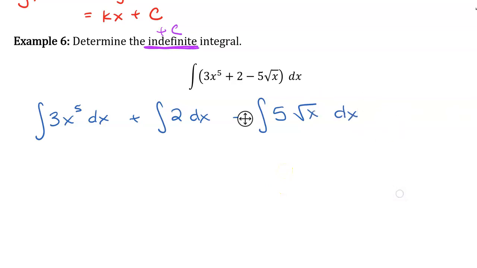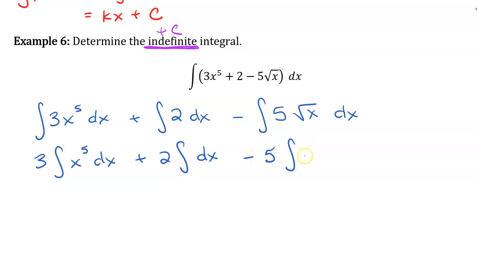Well, any constant will come out front. And so far we don't know that many rules. We know e to the x, and we know the opposite of the power rule, and we can figure out the trig. So these would be the power rule.